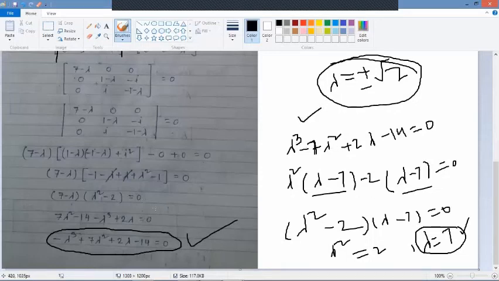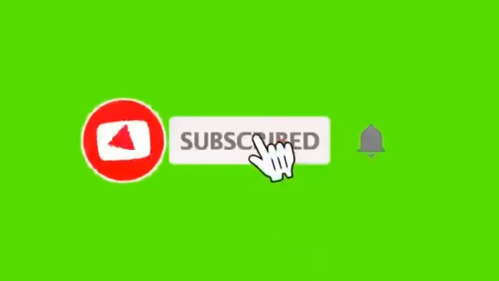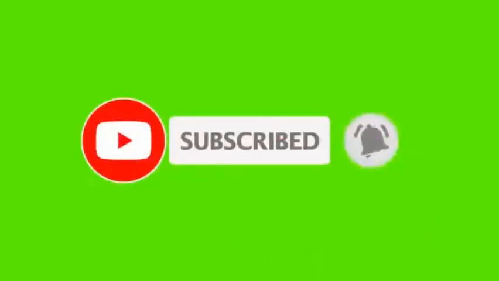When you solve this, you have to solve it step by step. If you skip any step, mistakes may come into your solving method.